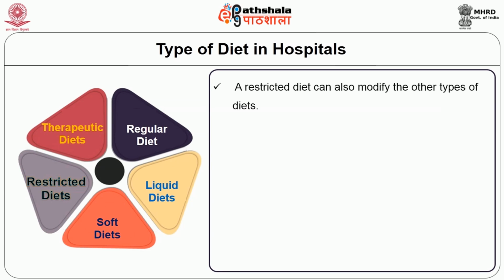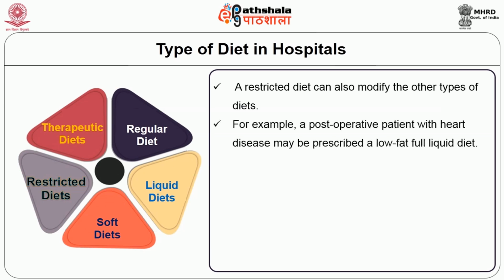A restricted diet can also modify the other types of diets. For example, a post-operative patient with heart disease may be prescribed a low-fat, full liquid diet. So these may come into the category of the restricted diets.